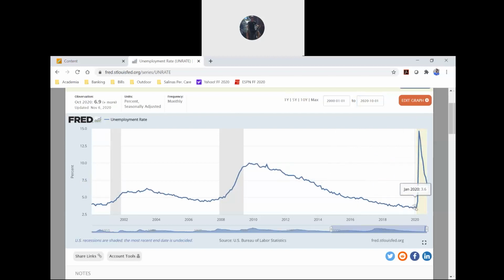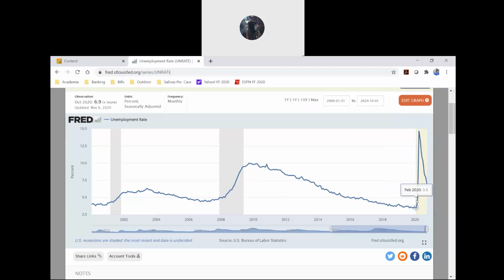So the unemployment rate was in January about 3.5%, and then in April almost 15%. So this jump has never happened. Going from 3% to 15% is crazy. So now it looks like we're down to a little under 7%, but still not great.